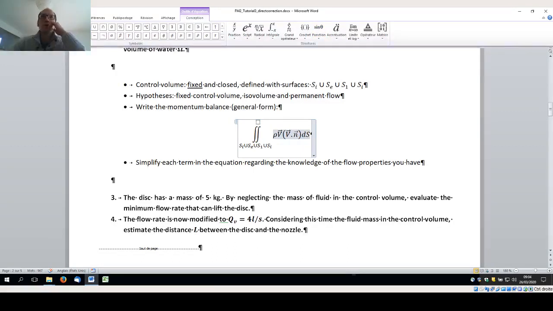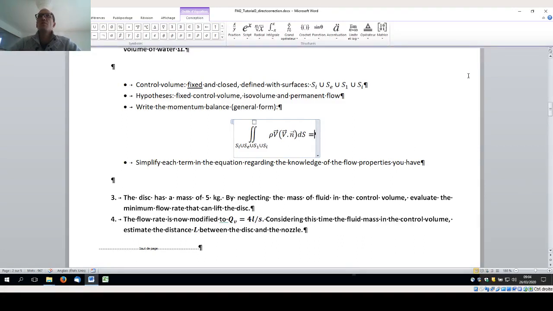The first term is the momentum flux through all surfaces: how much momentum is going through the outward part of the volume considered, so what is getting in or out of our fixed control volume.